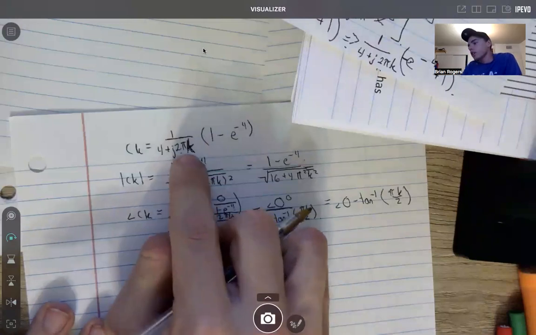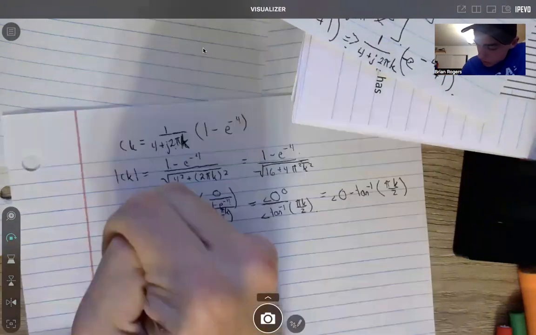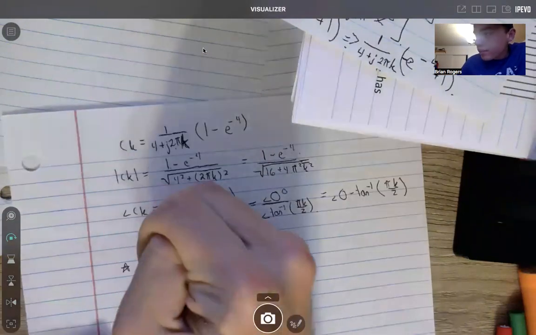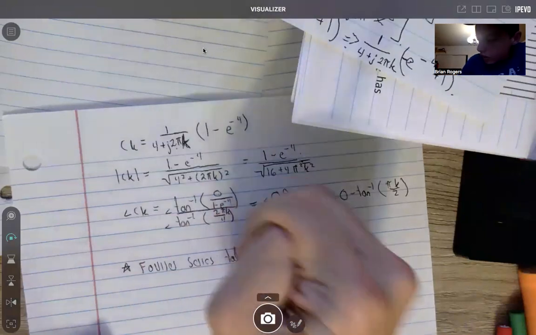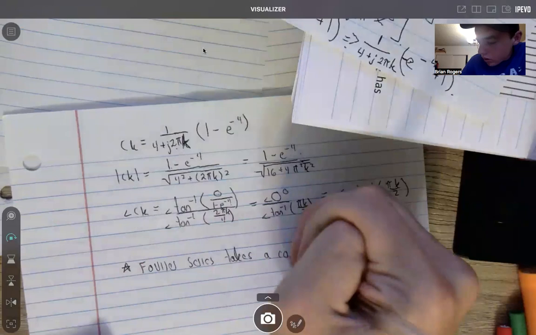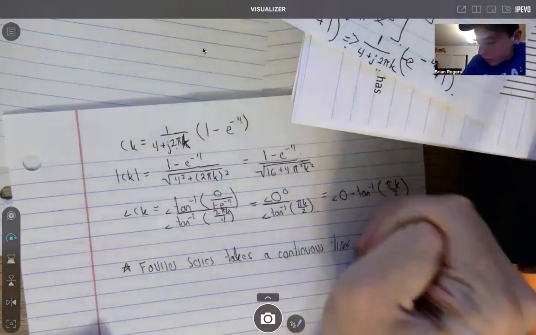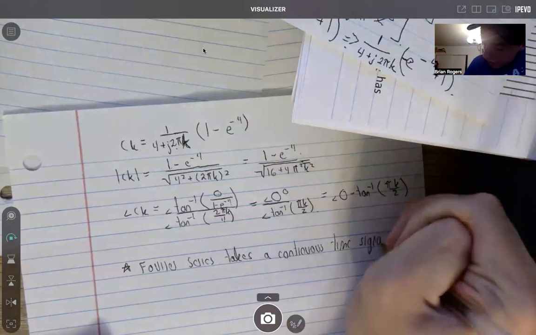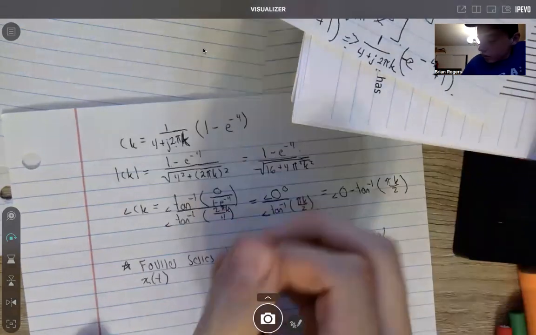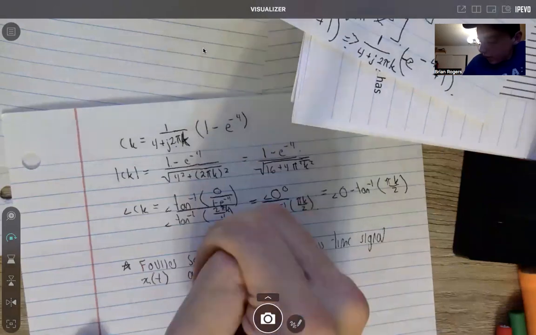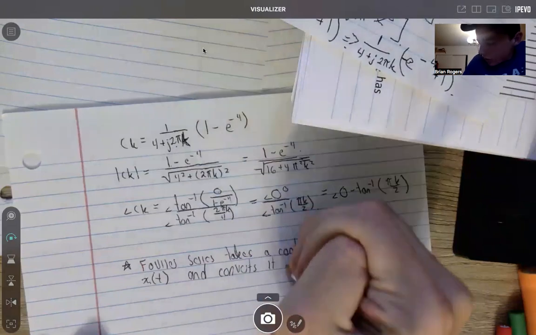So what the Fourier series does is it takes a continuous time signal, given by x of t, and converts it to a discrete signal.